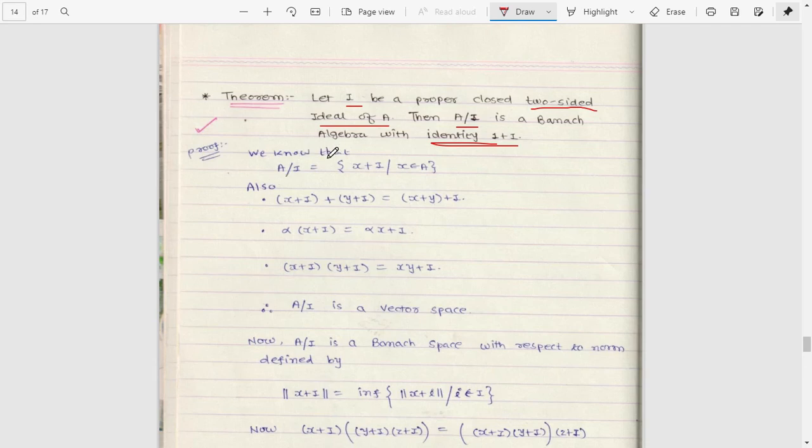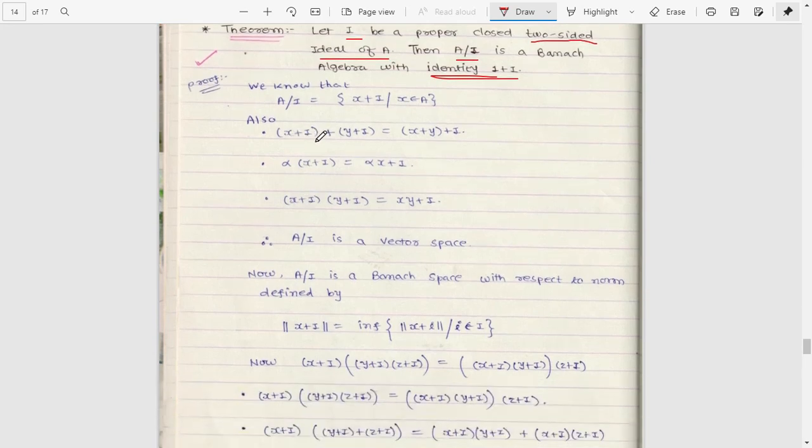We know that A quotient I is equal to the set of x plus I such that x belongs to A. We also know (x plus I) plus (y plus I) is equal to (x plus y) plus I, and alpha into (x plus I) is equal to alpha x plus I. (X plus I) into (y plus I) is equal to xy plus I. So A quotient I is a vector space.